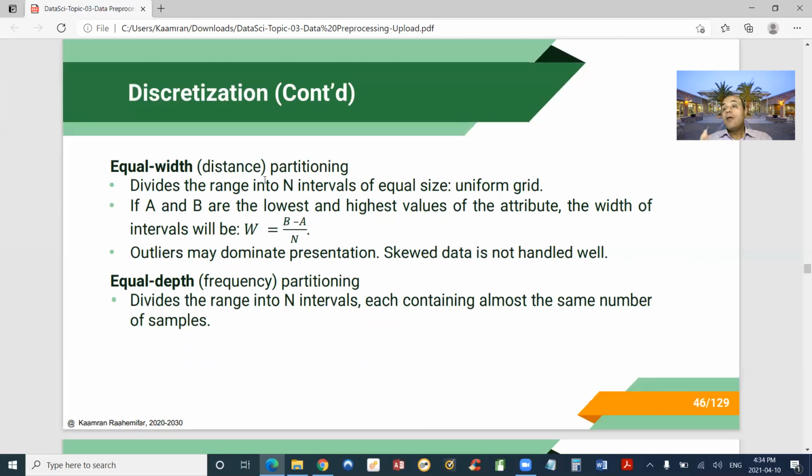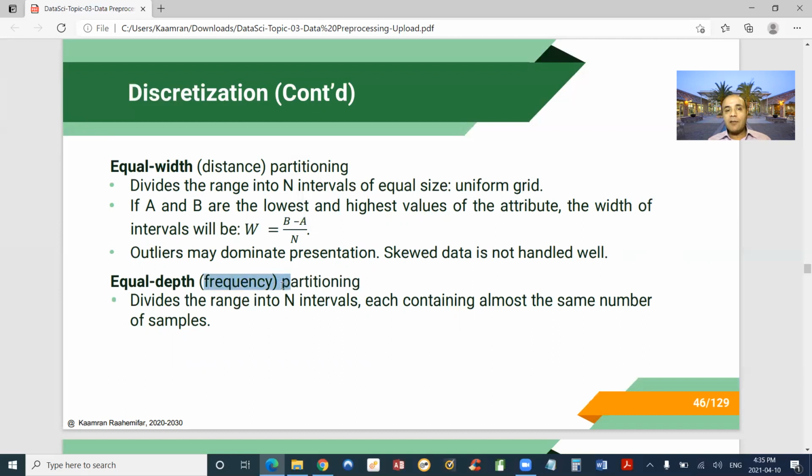So that length could be a fixed number. The way I'm going to do it, I'm going to find the highest value of the data point and the lowest value, take b minus a, and divide by n, the number of intervals you want. That's going to give you the width of every rectangle or bar chart that we had in the past.